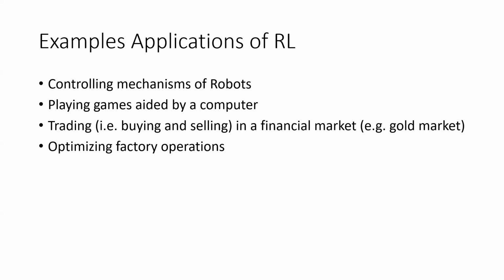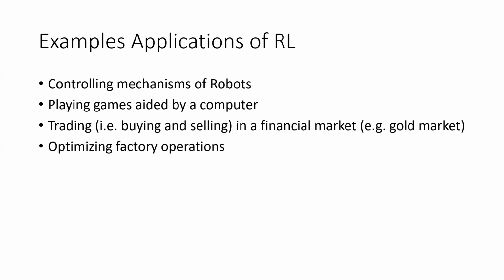And when it comes to trading, buying and selling stuff in the financial markets, like commodities such as gold, or company stocks, or options, there are different things that you can trade in the market.